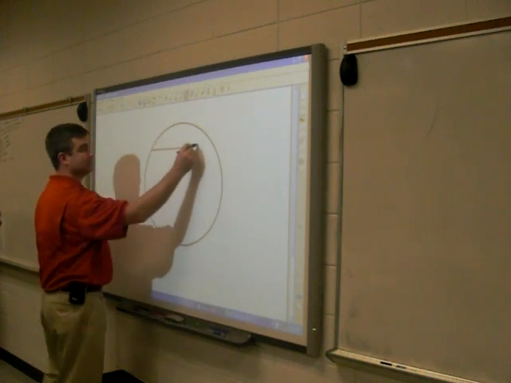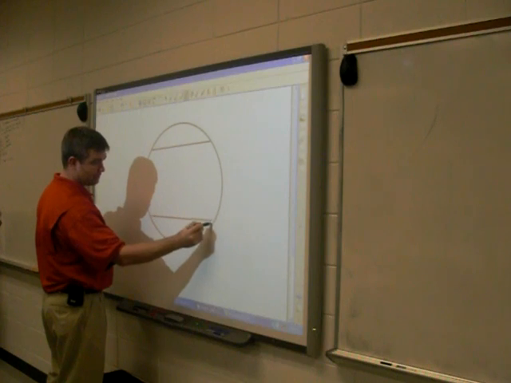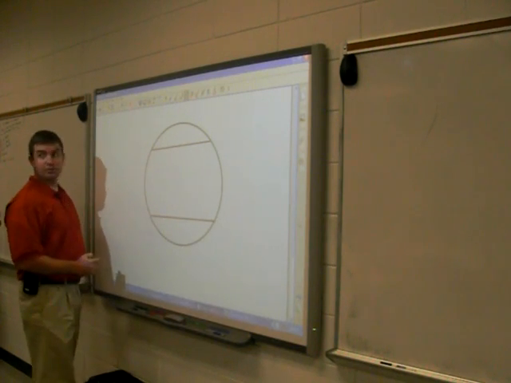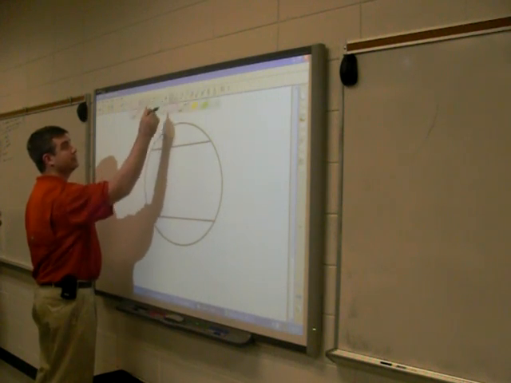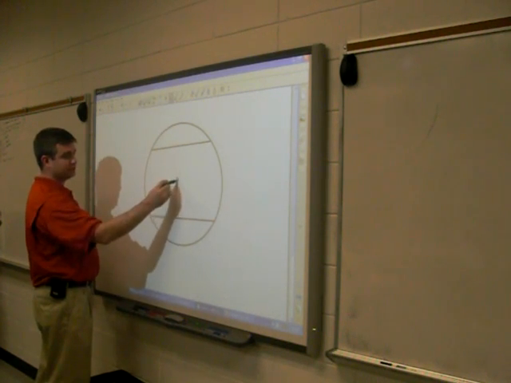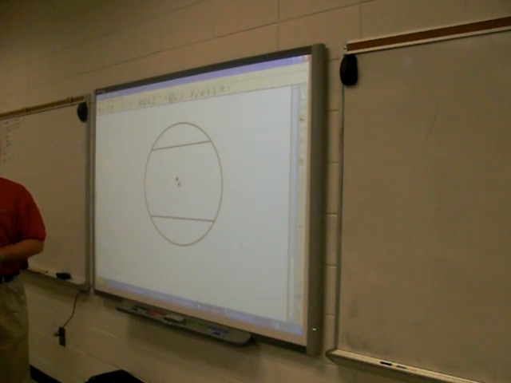Equidistant, let's see, here to here, here's a chord, and here to here is a chord. You with me? So here's the center of the circle. Equidistant. We talked about that on Monday. Equidistant means it's equal distance from the center. There are two very important parts of being equidistant.